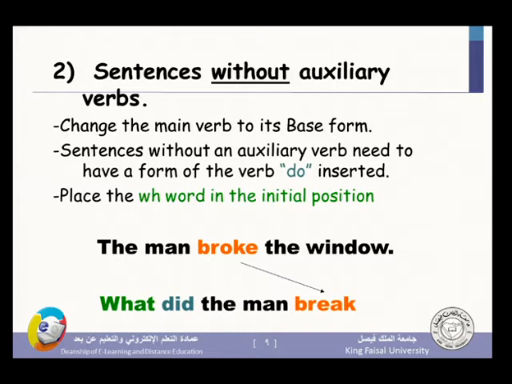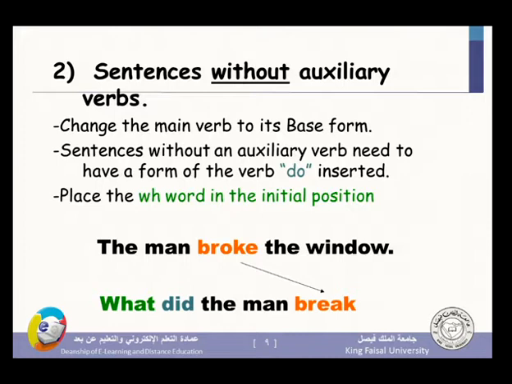If I want to make it a question, I want an auxiliary. I don't have an auxiliary. In this case I make the auxiliary. It is do. So the man do, but it is in the past. Broke, so do became did, and broke becomes again as it was, which is break.